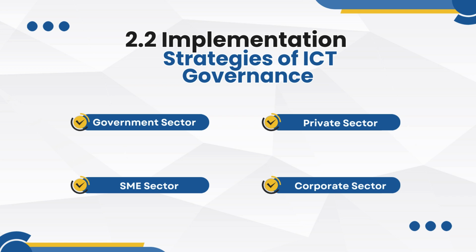In the SME sector, small businesses often outsource IT governance because they have limited resources. And lastly, in the corporate sector, large corporations have formal governance boards and use COBIT, ITIL, and CMMI for structured IT governance.